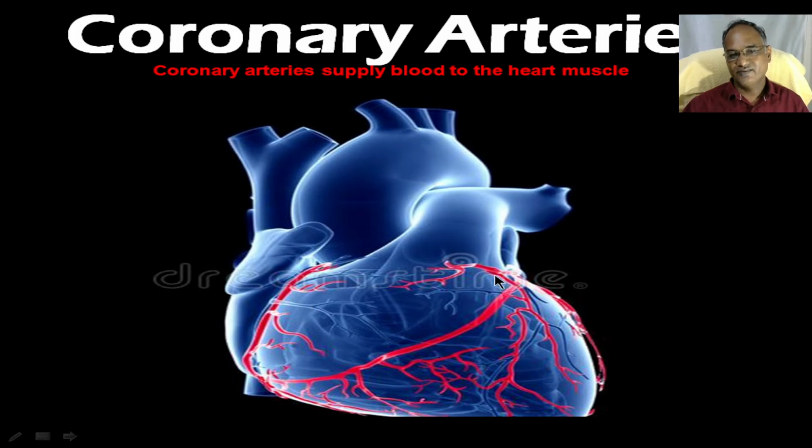But the left coronary artery covers the entire chamber of the left side. The left side is more important than the right side because it contracts and relaxes, receiving and ejecting blood to every nook and corner of your body. So arteries are very important when you talk about the heart and its vascularization.